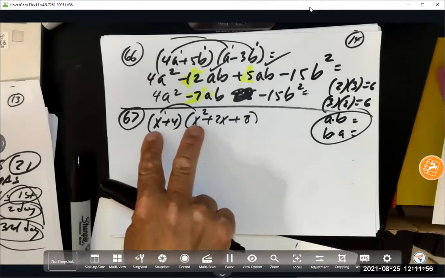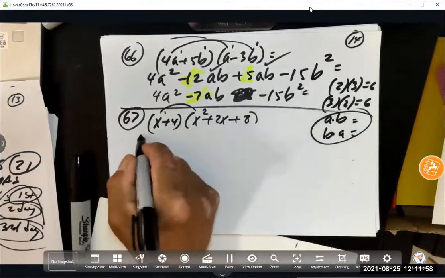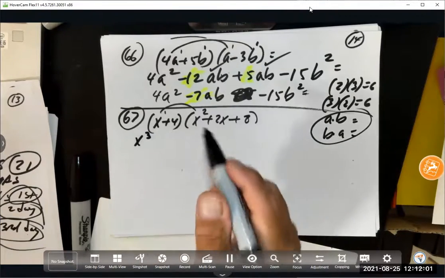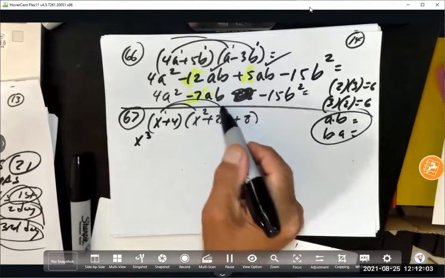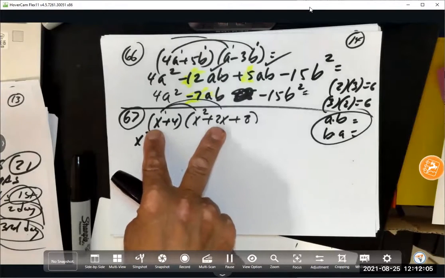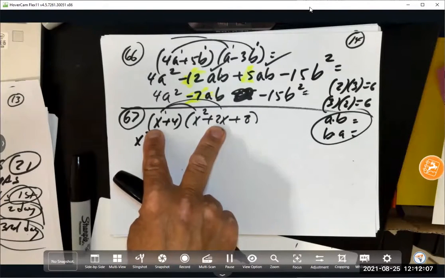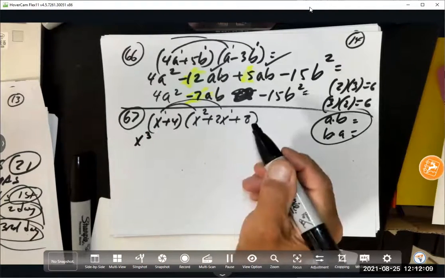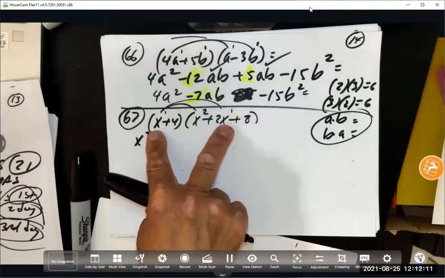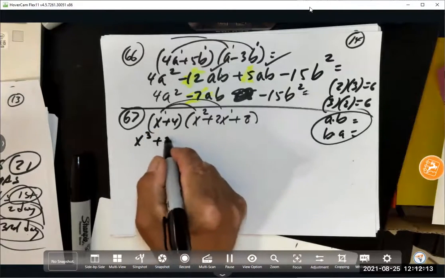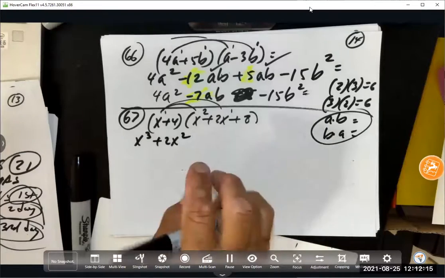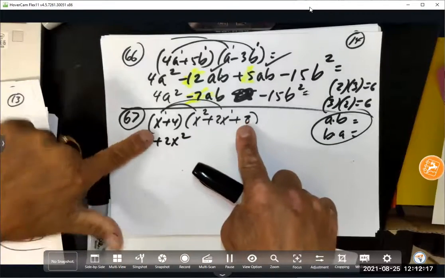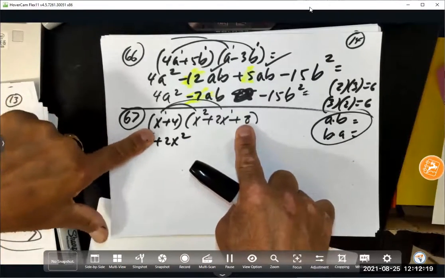Give me a number. X3. And x times 2x squared, what is that going to be? 2x to the third. Look at my numbers again. 2x to the second. There you go. That's 2x to the second. And x times 8, 8x.